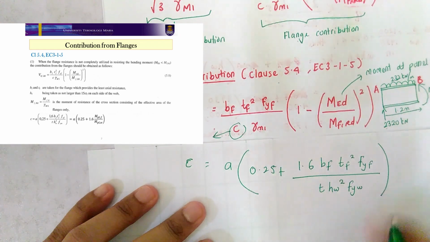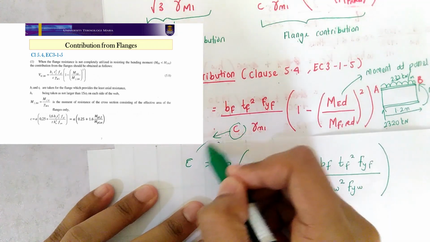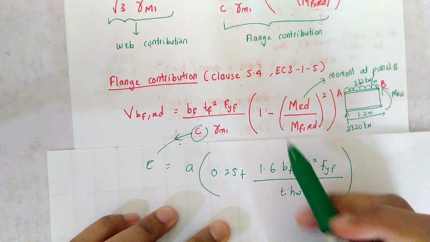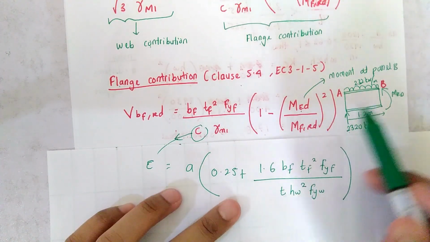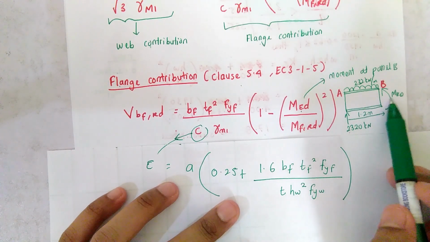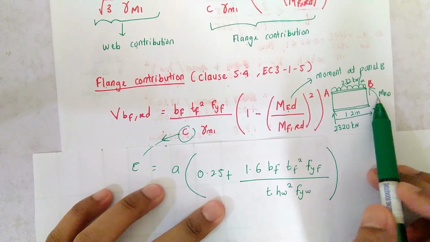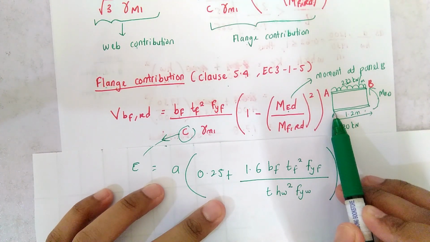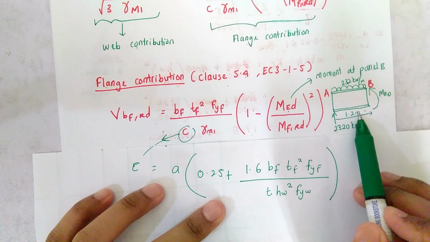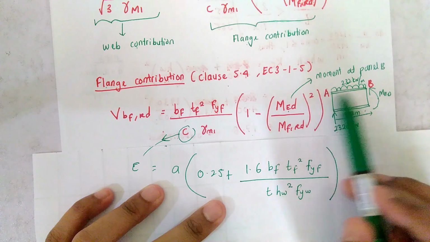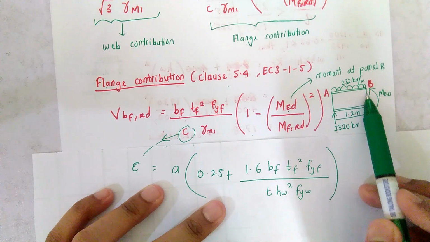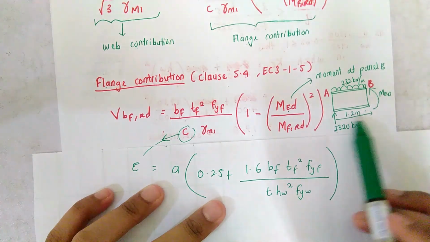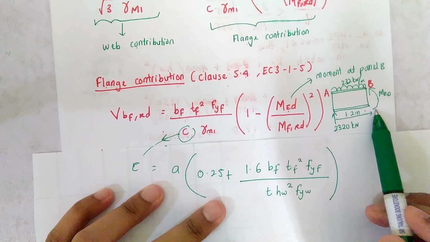Here MED is the moment which you measure at 1.2 meters from the support. Why 1.2 meters? Because for your panel AB, you have the stiffener located at 1.2 meters. So in this case, you have 1.2 meters.